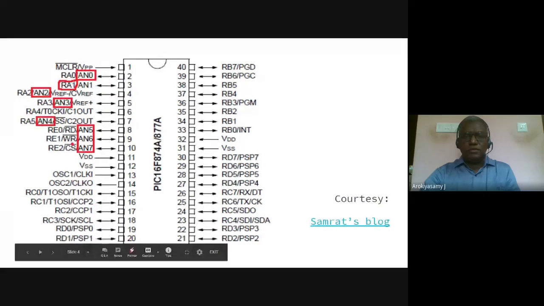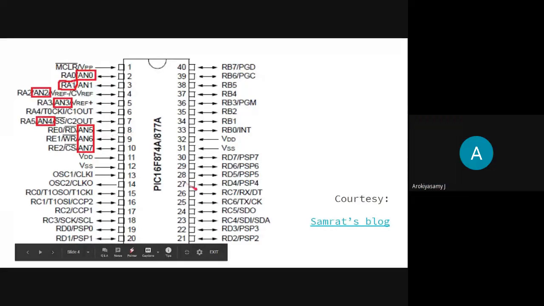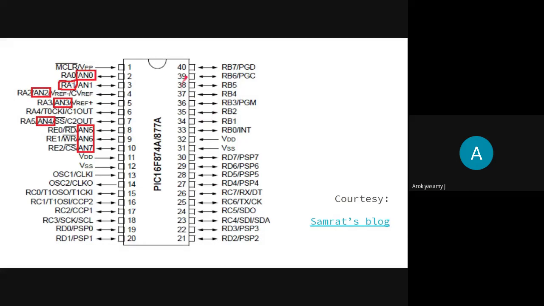Next, look at the port B pins. If you go to the right hand side of the chip, RB0 starts at pin 33.